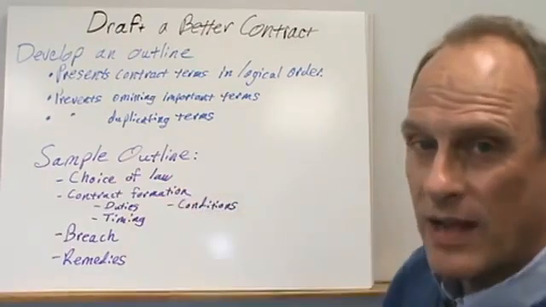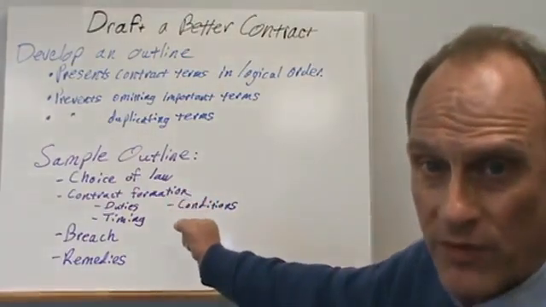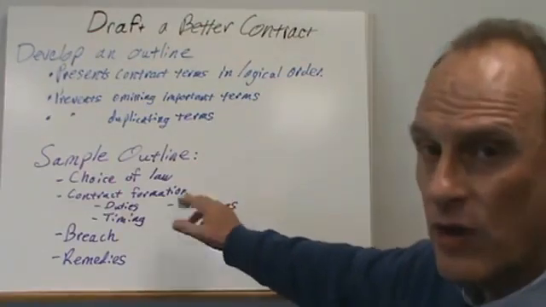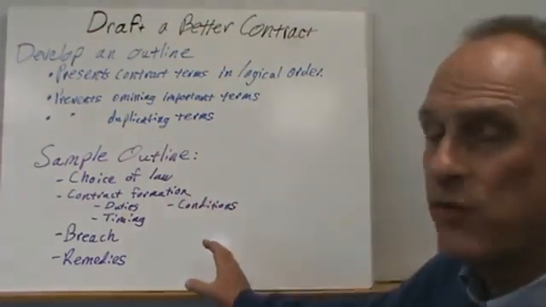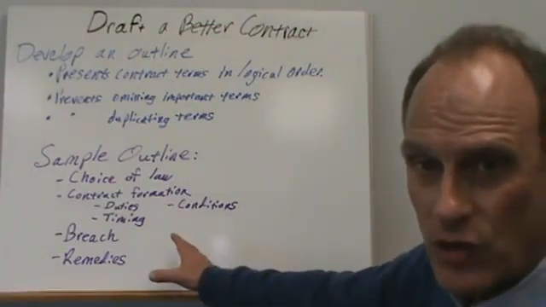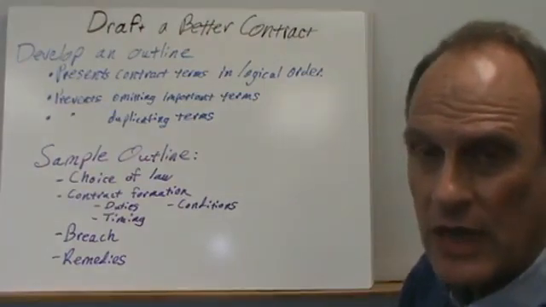A sample outline for a contract. Choice of law provisions will usually be first, frequently seen up front in the contract. Then we talk about contract formation, the duties of the parties, the timing of those duties. Are there any conditions to those duties?